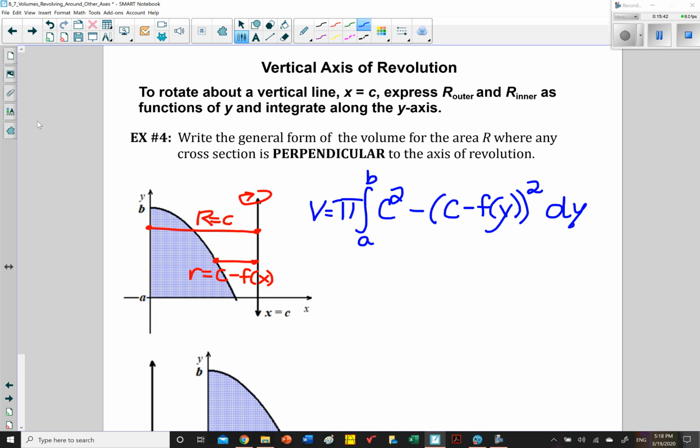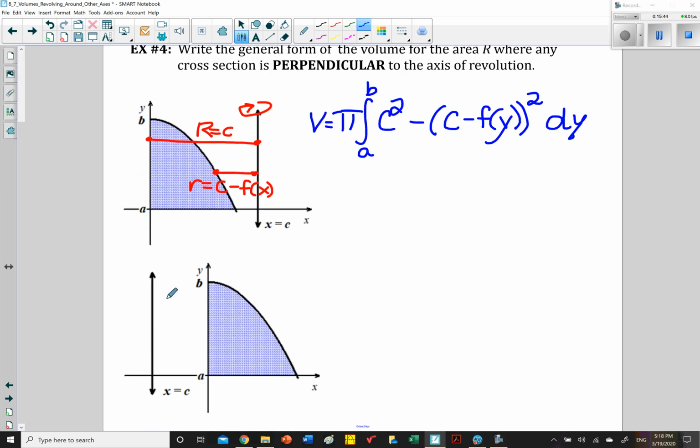Okay, on the second one, here the axis of revolution is to the left of the function. So our capital R is going to be from here over to here. Capital R is the f of y minus negative c. And you see I did that up here again. Not paying attention. Okay.